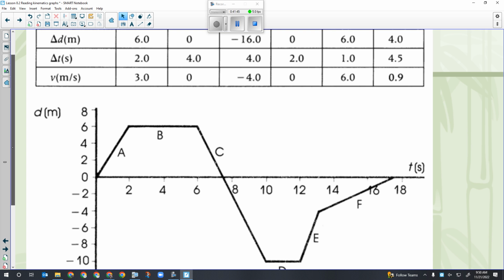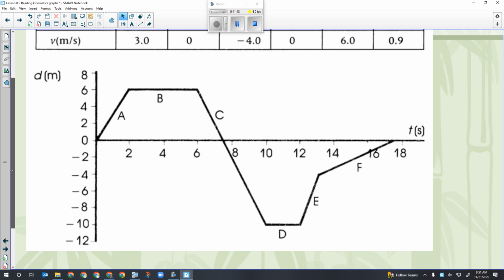Okay, let's do a couple of quick calculations with this graph. Actually, before we do calculations, what's the object doing in part A? It's a position versus time graph, so let's be a little more specific. You're right, the position is rising at 3 meters per second.